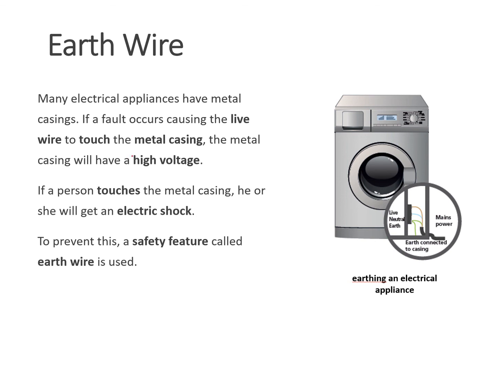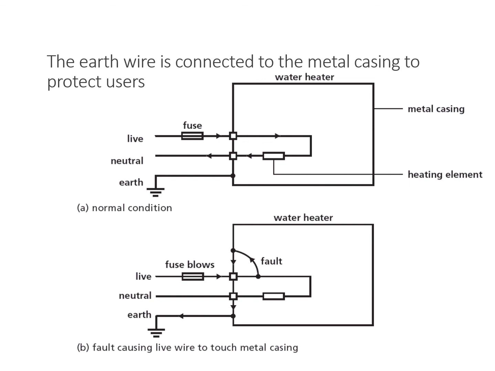And what you need to know is that earth wire is connected to the metal casing. So if you look here, normally the current will come in, right? The current comes in, operates the water heater, goes out, and no issue.